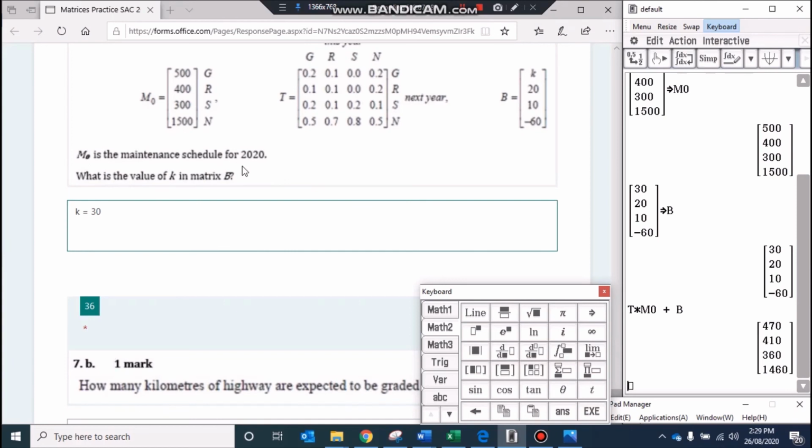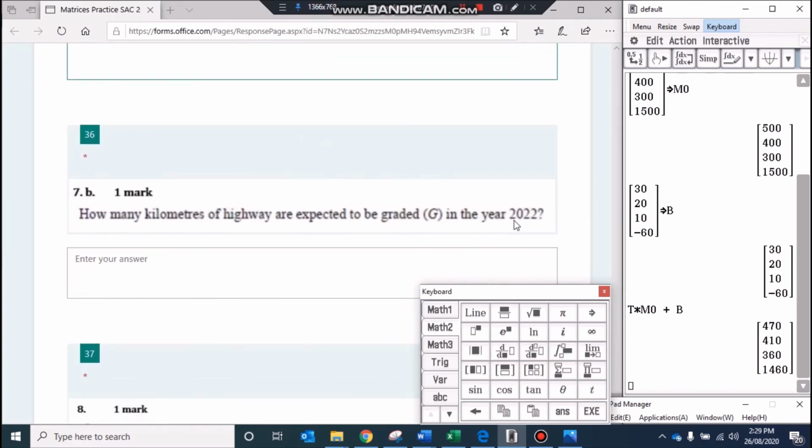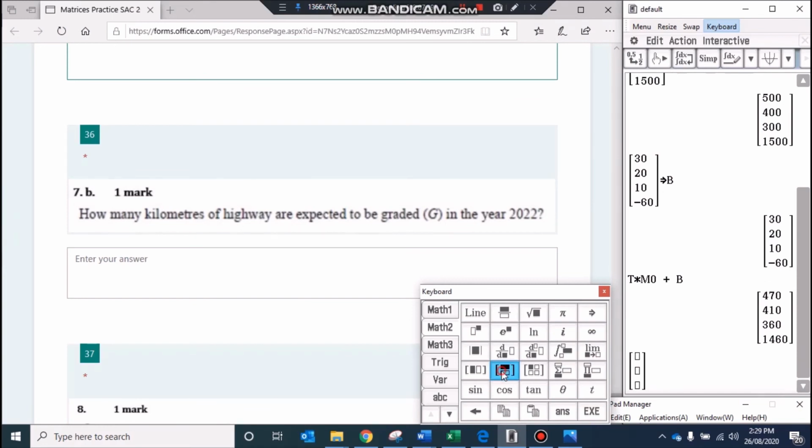If M0 is 2020, to get to 2022, we're looking at M2. So that's M1. We need to do this iteration one more time.